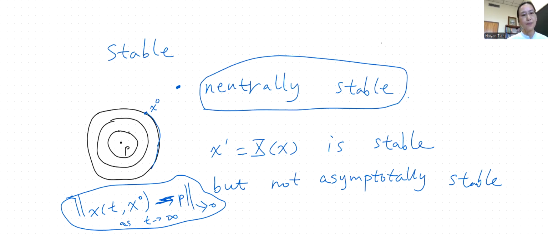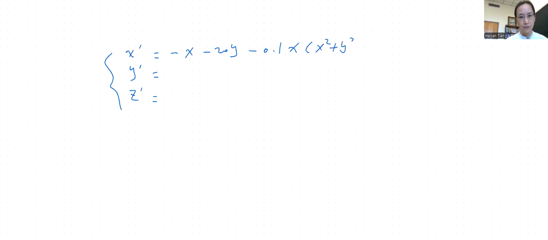So now let's look at a concrete problem. In this system, we have three equations, and the derivatives of x, y, and z. The first equation is this. Second equation, 20x.